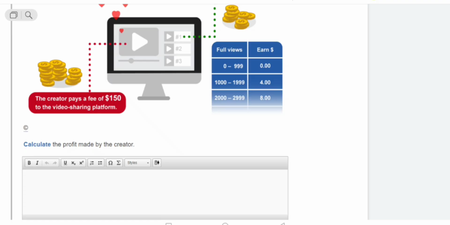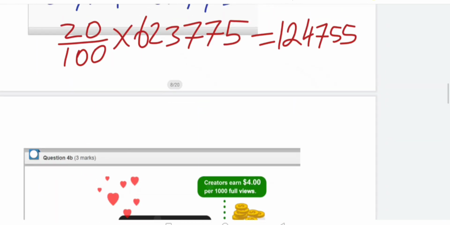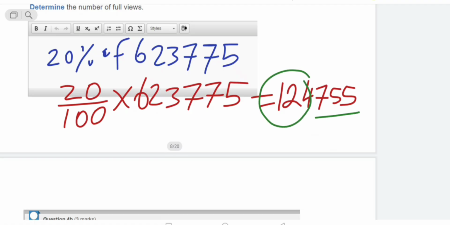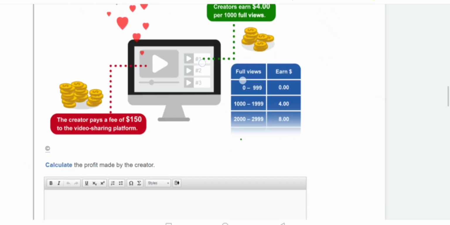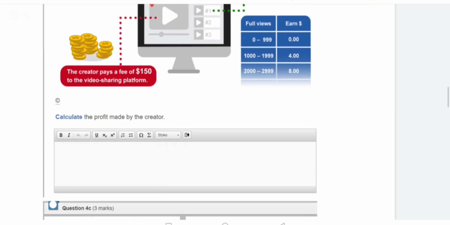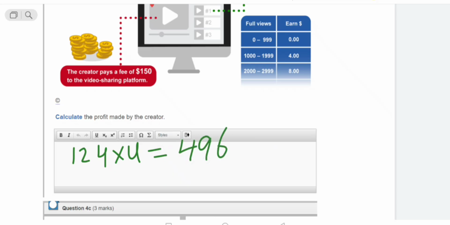So what are our full views? Our full views, we got it, it is here. Something less than 1,000 we ignore, because they will give us only for each 1,000, so 124,000. Okay, so 1,000 equals 4, 124,000 multiplied by 4 is equal to $496 we will get.